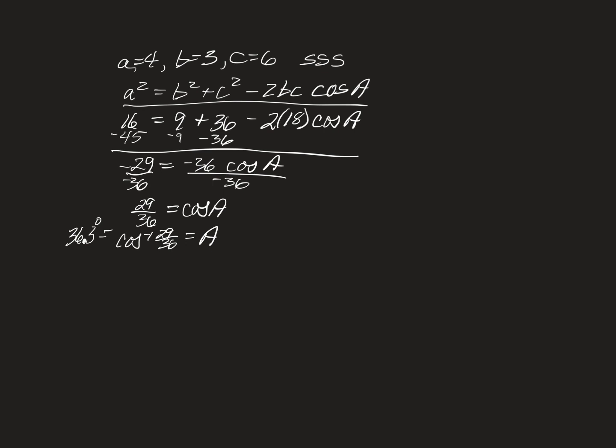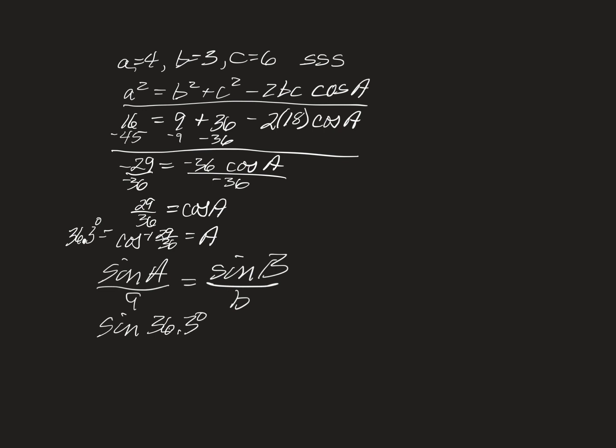Now I want to find a second angle, so I'll use the law of sines. We're going to do sine of A over a equals sine of B over b. So the sine of A, that'll be sine of 36.3 degrees over a, which is 4, equals the sine of B over 3.